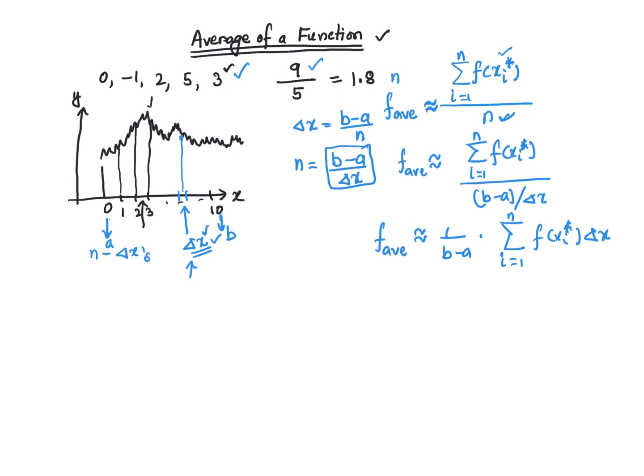Now to find the true average, f average, I'm going to have to take the limit. The factor 1 over (b minus a), where b minus a is a constant, is not going to be impacted by the limit.